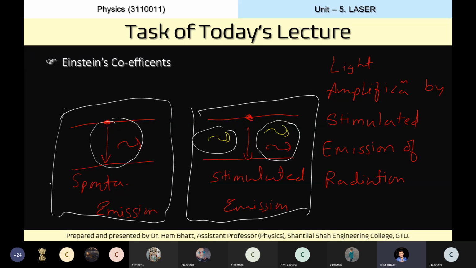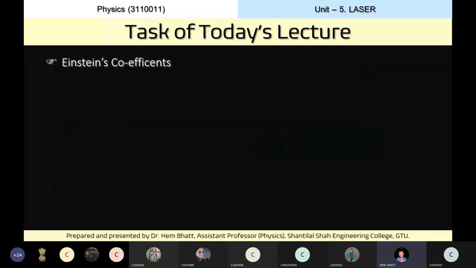So Einstein was the person who first time derived a relation between stimulated emission and spontaneous emission. આઇન્સ્ટાઈને એવી શરત તારવી કે જો આવું થાય તો સ્પોન્ટેનિયસ એમિશનની શક્યતા વધારે થાય, જો બીજી શરતનું પાલન થાય તો સ્ટિમ્યુલેટેડ એમિશનની શક્યતા વધે. If stimulated emission is more probable, then the material is eligible to produce laser.